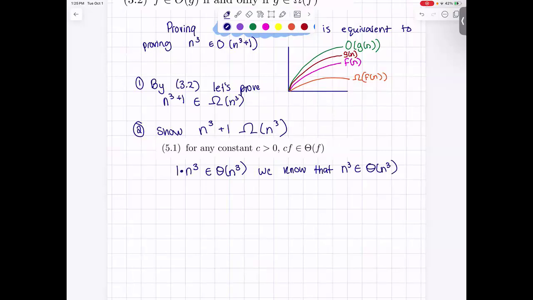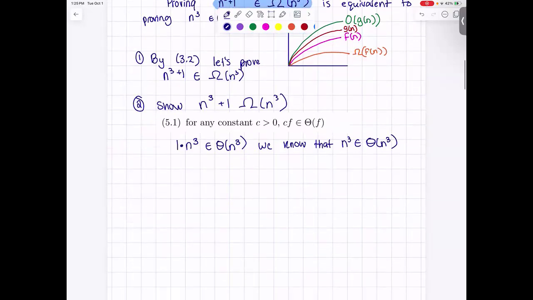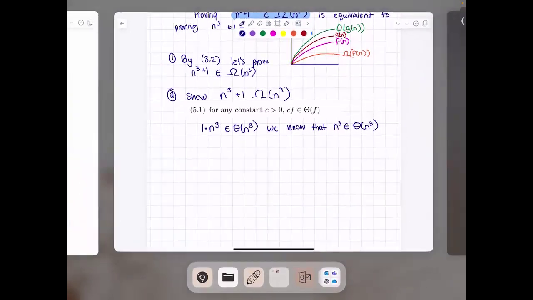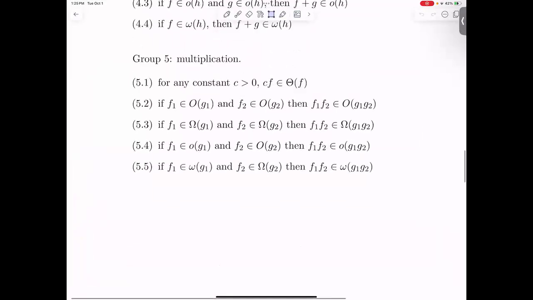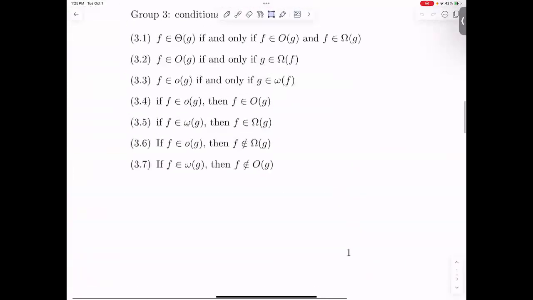What does this actually mean? It just means that n cubed grows at the rate of itself. That's pretty trivial and not really anything exciting, but as a reminder, let's go back and look at our properties one more time to find a theta property that I want to use here.